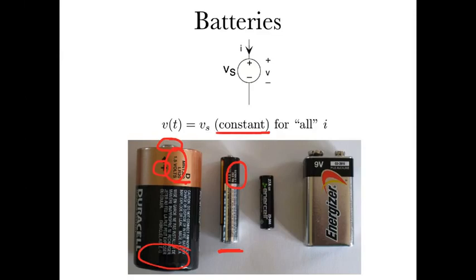Basically, the bigger the battery, the more oomph, as I like to think about it, the more oomph it possesses, it can last longer. The chemical reactions can be sustained. So a AAA battery in general in a circuit won't last as long as a D-size battery attached to the same circuit.